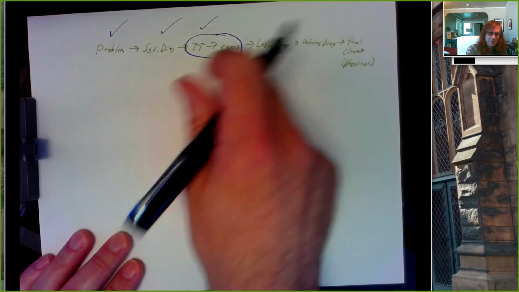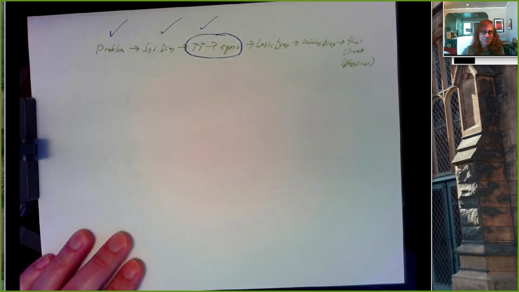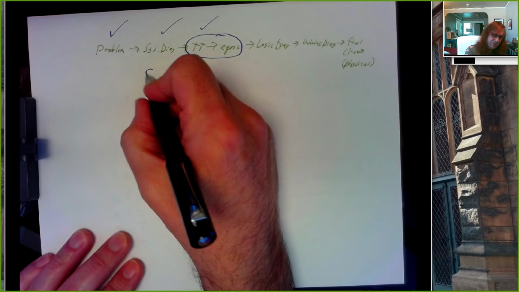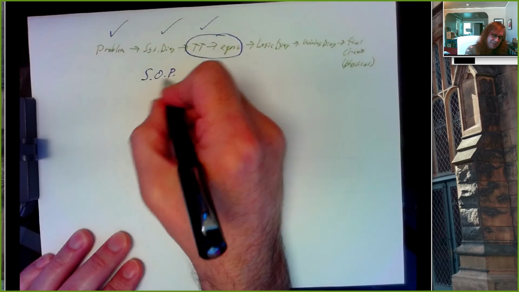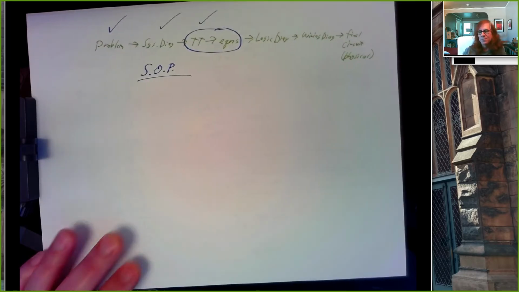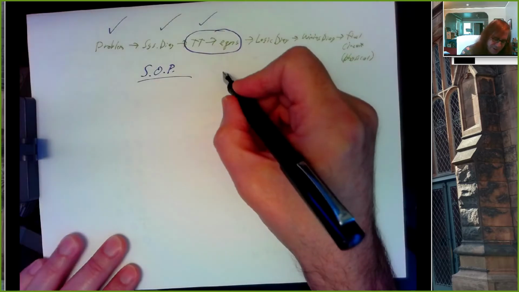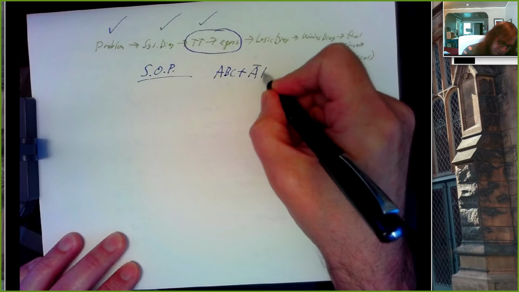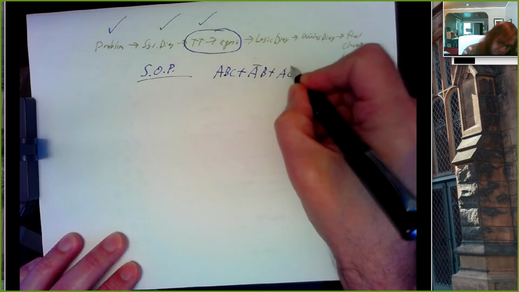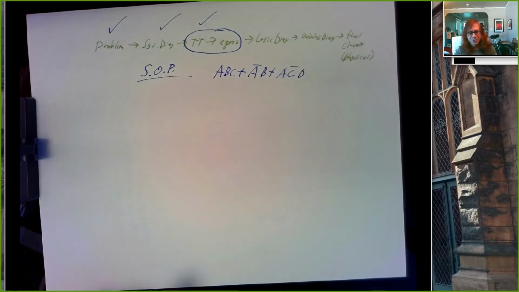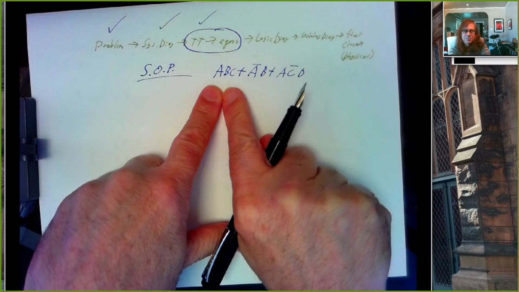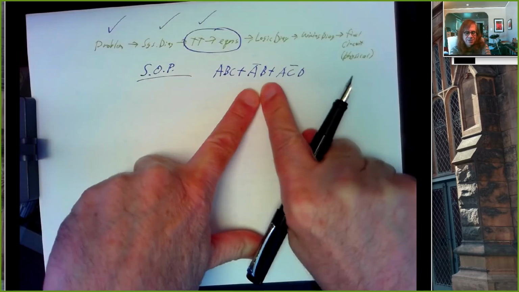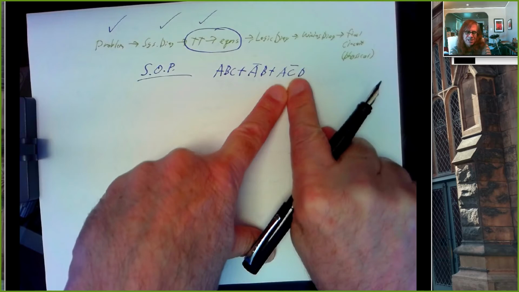And we've got a number of things we can do to go from a truth table to equations. We're going to start off by reviewing this idea of sum of products. A sum of products is something like this, where each of these is a product term. That's an AND of some things, that's an AND of some things, that's an AND of some things.